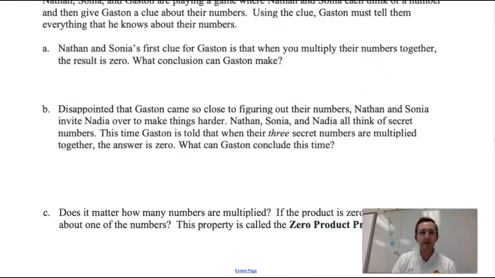So I'm going to write an equation. I'm going to call Nathan's number n, so let n equal Nathan's number. And I'm going to say s is equal to Sonia's number.